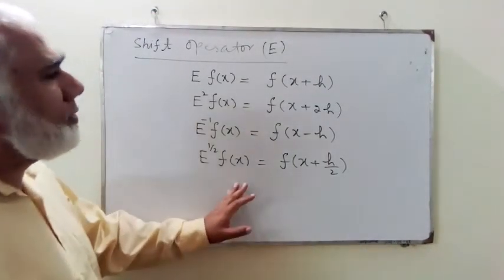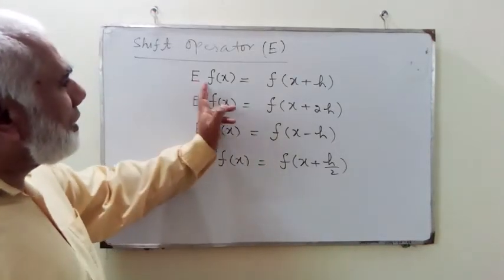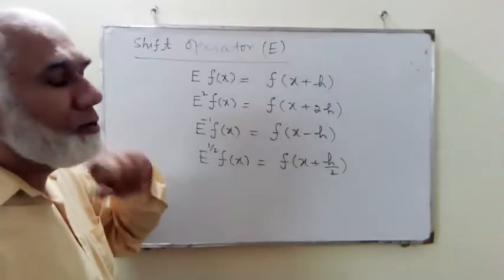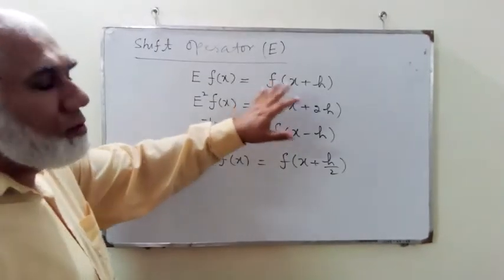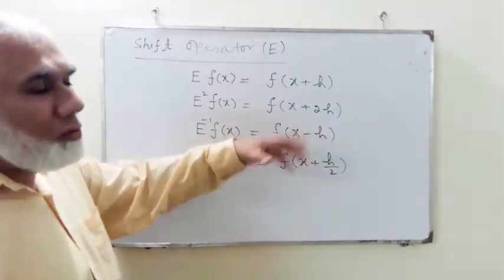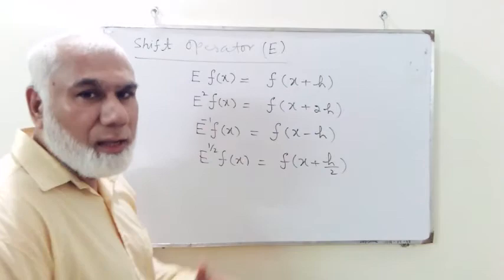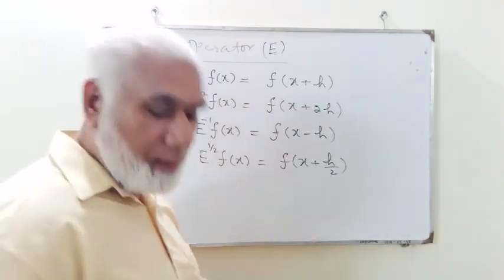So this is your first operator, the shift operator. You have to keep this definition in your mind, because we are going to develop a few more operators, and we are going to create a link between the shift operator and the other operators which we are going to study.